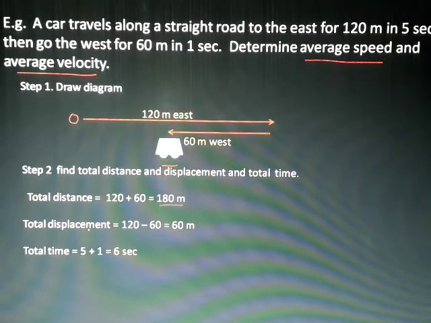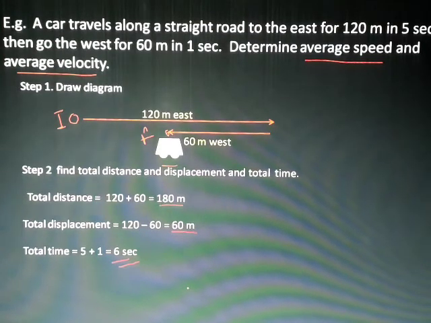But displacement means the difference or distance between initial position and final position. So if this is the initial position and this is the final position, then the difference between this point and this point is 120 minus 60, 60 meter. And total time is 5 seconds for going 120 meter, 1 second for going 60 meter, so total time is 6 seconds.